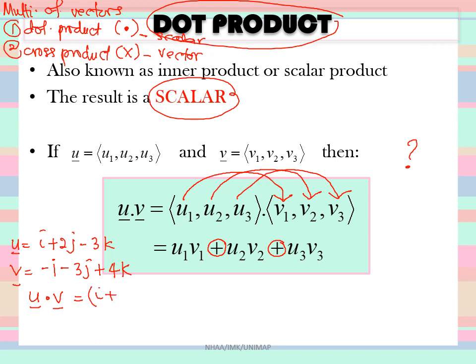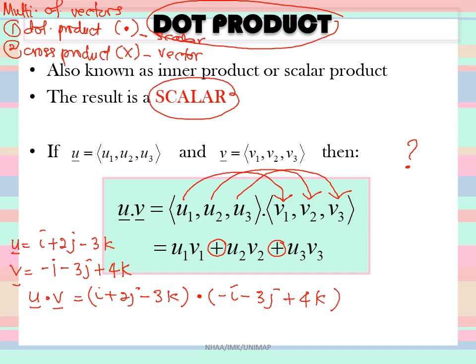That is i plus 2j minus 3k dot minus i minus j plus k.